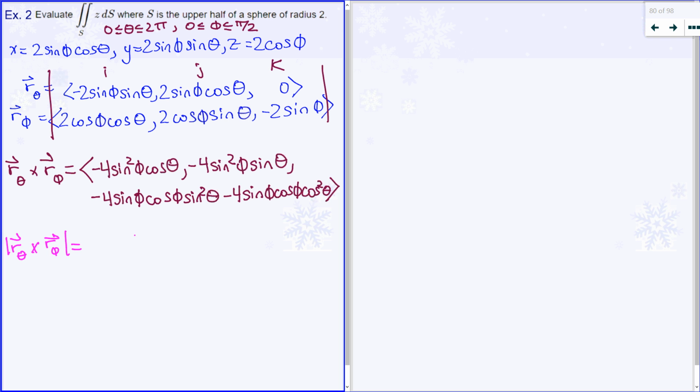The one thing we can simplify is the z component. What can we take out? We can take out negative 4 sine phi cosine phi.